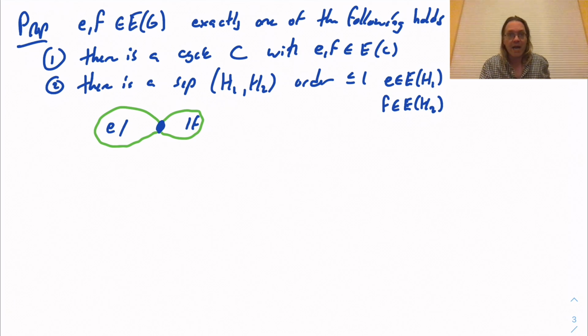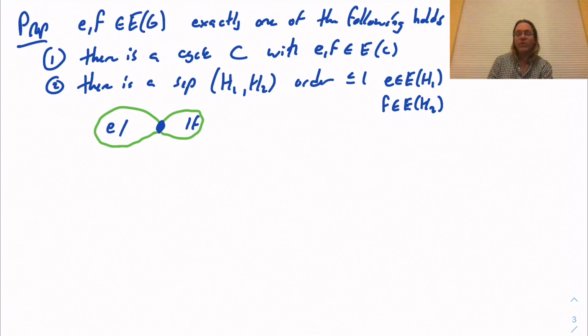If you were going to have that structure and I showed you a separation with E on the left and F on the right, then you'd have to have two vertex disjoint paths that go from the left to the right. But that can't be happening here, because the unique vertex in the middle of our one separation would have to appear on any path that starts at an end of E and ends on an end of F, because E is on the left and F is on the right.